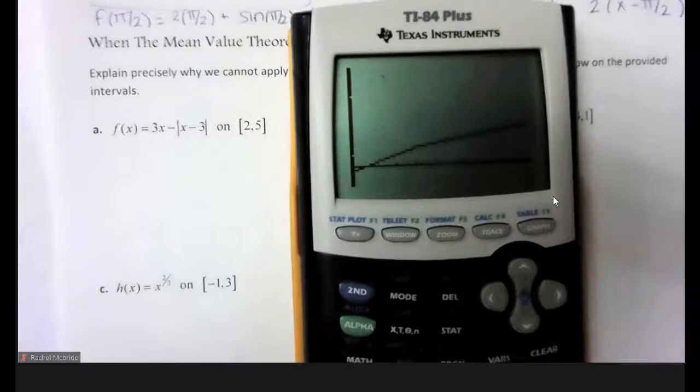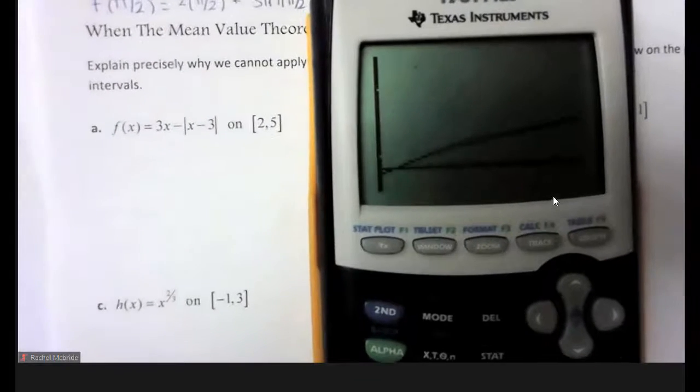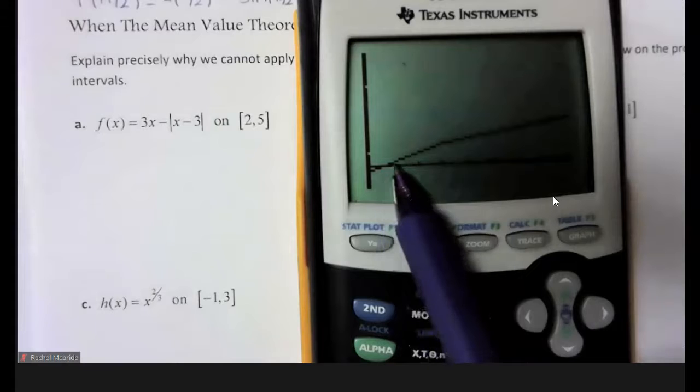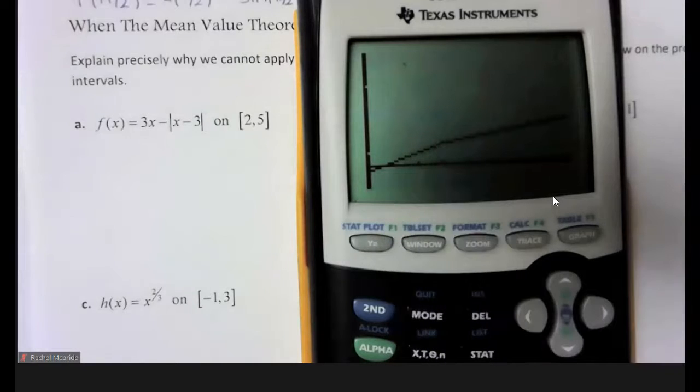Okay, it is. It's super hard to tell, but the change in the graph is right there at 3.